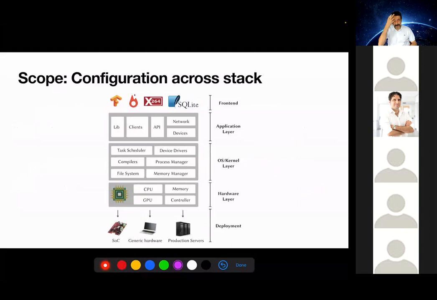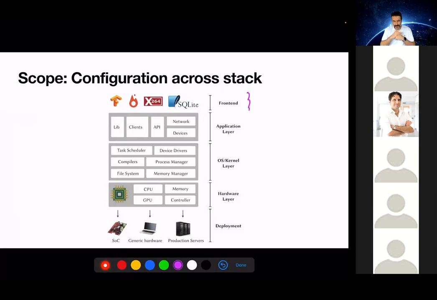And to clarify, when we talk about the configuration of the system here, the system is not only code. We talk about the configuration space across a stack, and this is important because people have looked at the optimization of configuration, and also at understanding the configuration space, only at the software level, where we have some code.